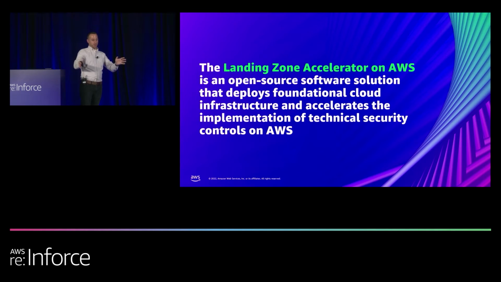So at long last, we can start talking about what the Landing Zone Accelerator on AWS is. At its core, it is an open source software solution that is designed to deploy that foundational cloud infrastructure and accelerates those security controls on AWS. Again, we have so many resources available that, looking at the body of what we recommend in terms of security controls for a multi-account architecture, what does this look like in code?